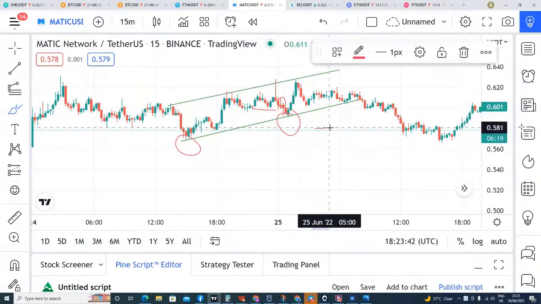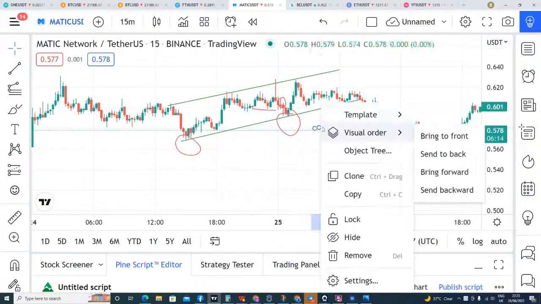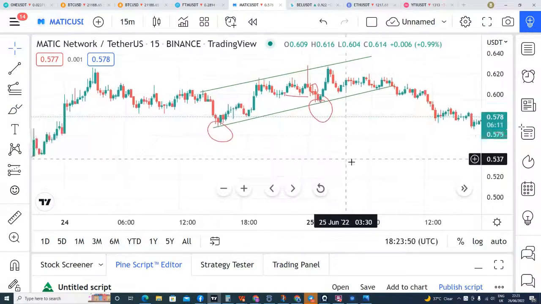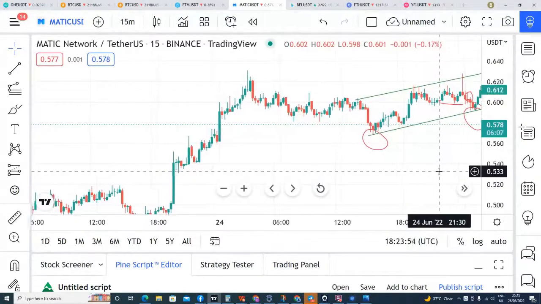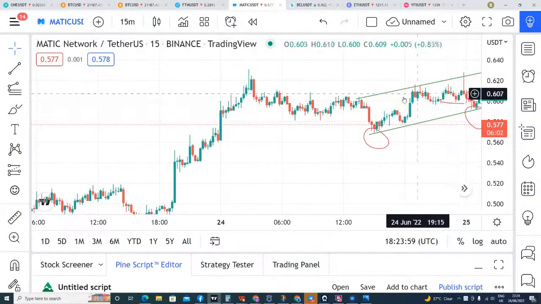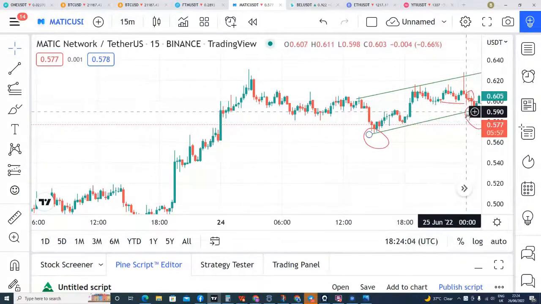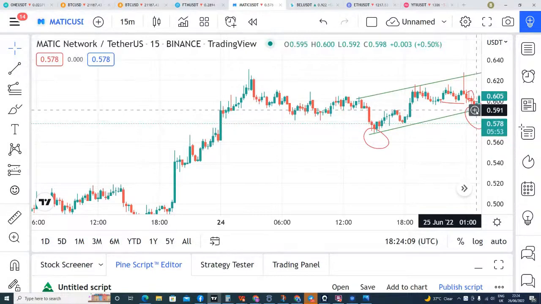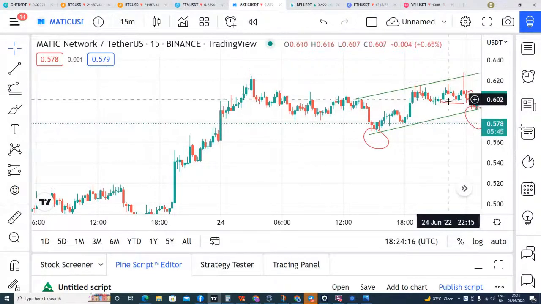Hope you are seeing my chart right now. These ones have not formed then. So I drew this one, and I drew the lower one. And I said I'm entering Matic from this lower trend line. When the price touches my trend line, I'm entering long on Matic. I'm targeting 0.625. Watch what happened.